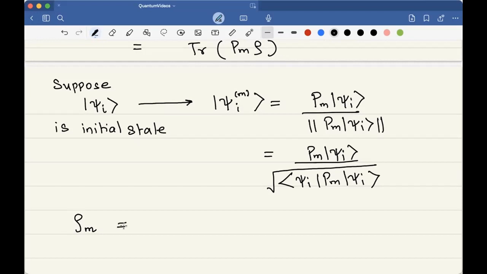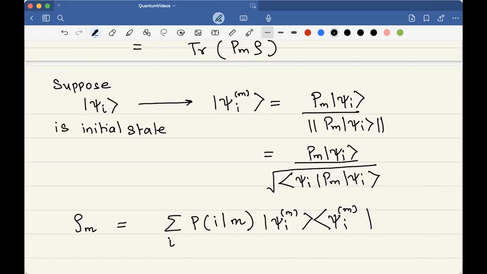This is going to be equal to the summation over i of P of i given m, so given that the initial state was i and measurement outcome m was obtained, multiplied by ket psi_i^m bra psi_i^m.